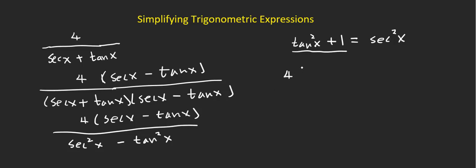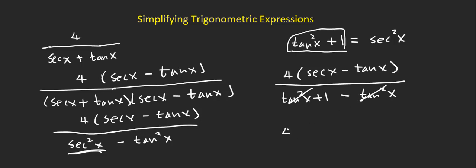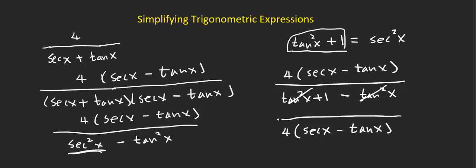So you'll get 4 quantity secant x minus tangent x all over tangent square x plus 1 minus tangent square x. Because instead of secant square x, I substituted tangent square x plus 1. What happens here? Tangent square x cancels out. So you end up with 4 quantity secant x minus tangent x. And we simplified it.